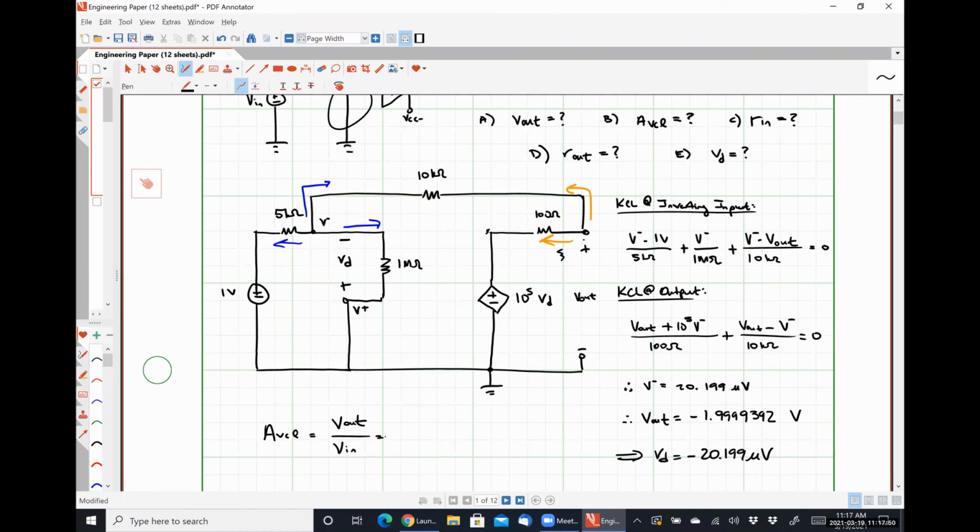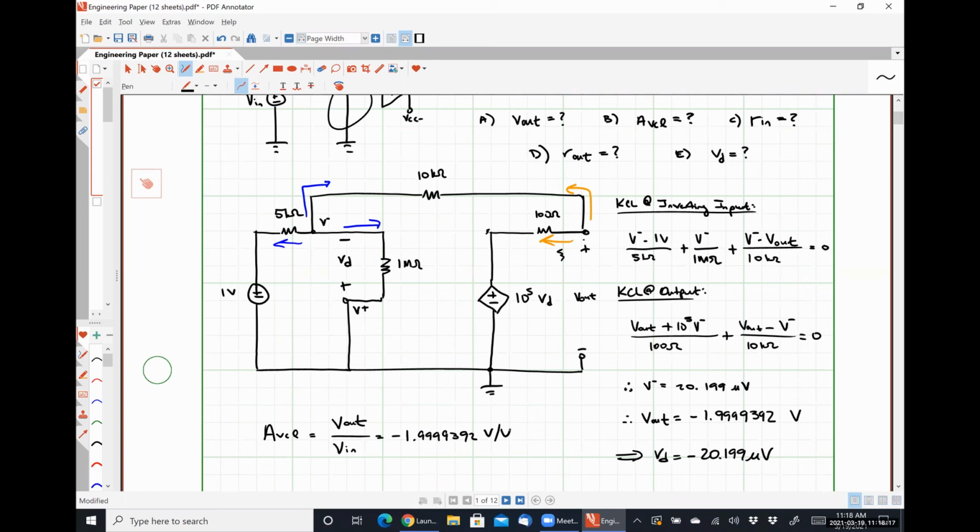It is just Vout without a unit. So negative 1.9999392. Or you might see it as having units of volts per volt because it is voltage gain.